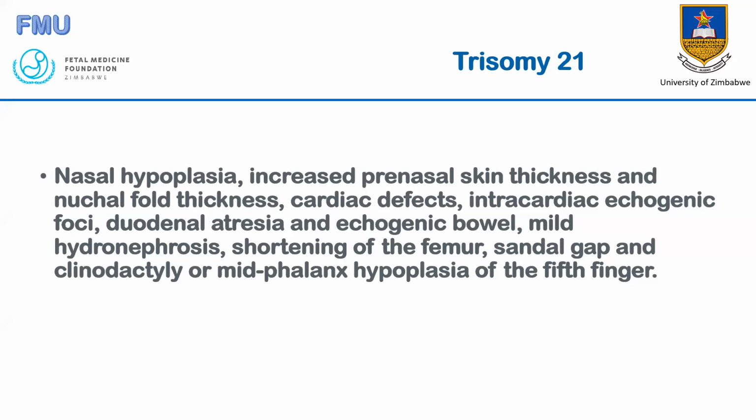However, if you see these features, don't go on and tell the mother that your baby has trisomy 21 because you have seen mild hydronephrosis. No. You wouldn't tell the woman that, look, your baby has trisomy 21 because there is nasal hypoplasia. We are saying these are features that suggest it.